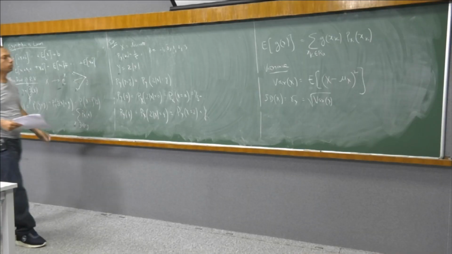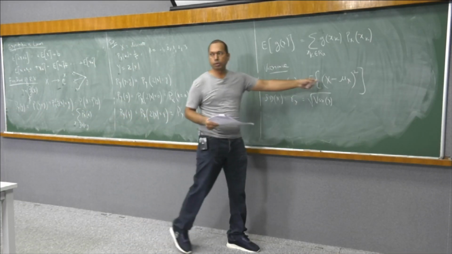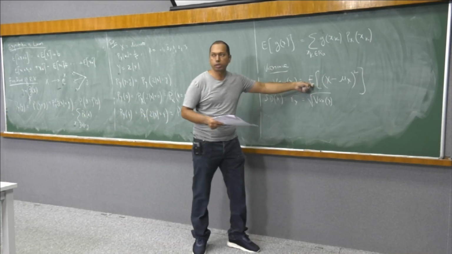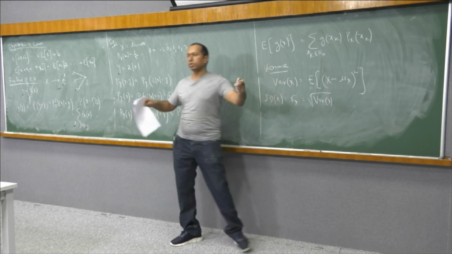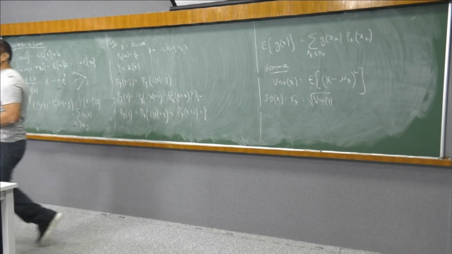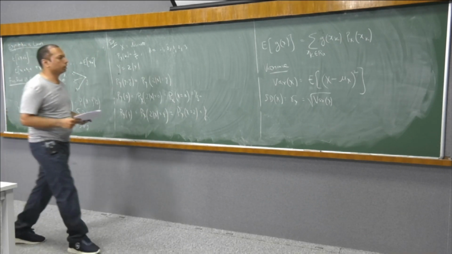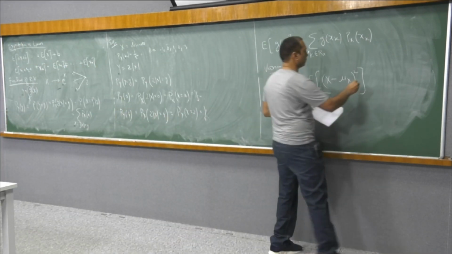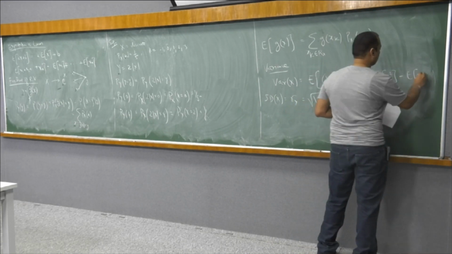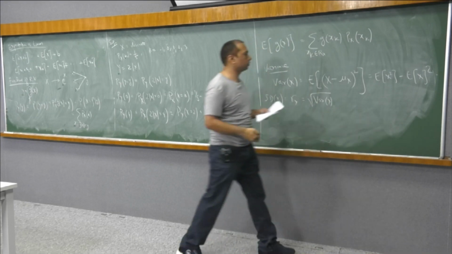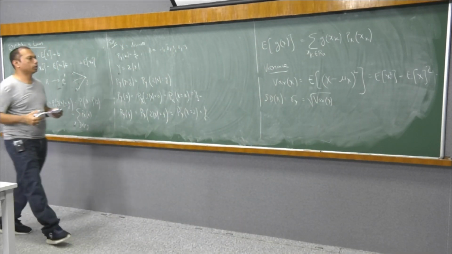Sometimes this formula may not be useful, so you can use the linearity of expectation. You can split this out and apply linearity, and then you get another formula: the expectation of X squared minus the expectation of X whole squared. Sometimes it's useful in this way.